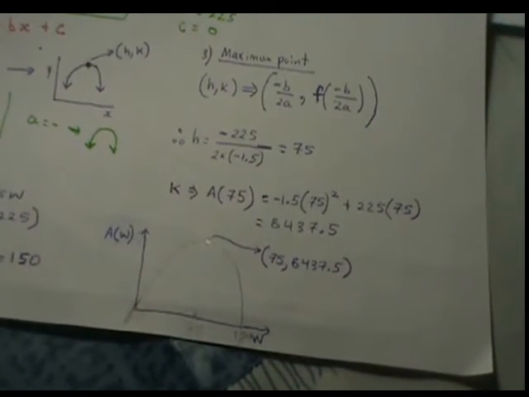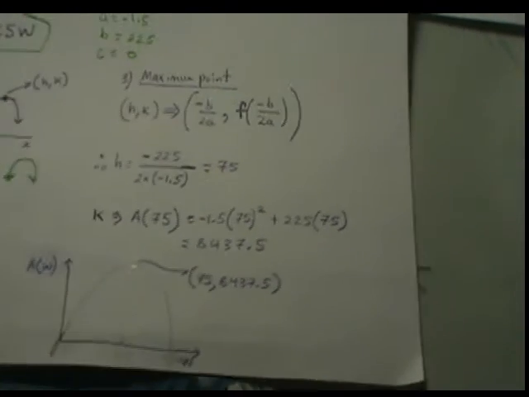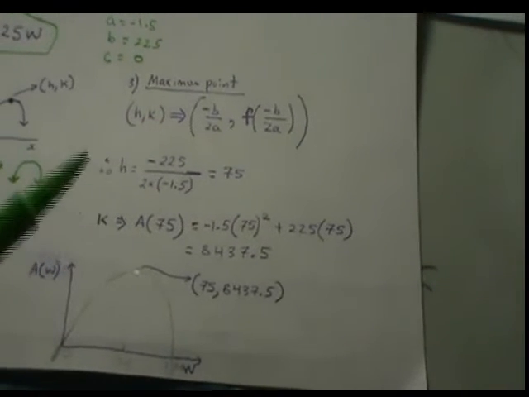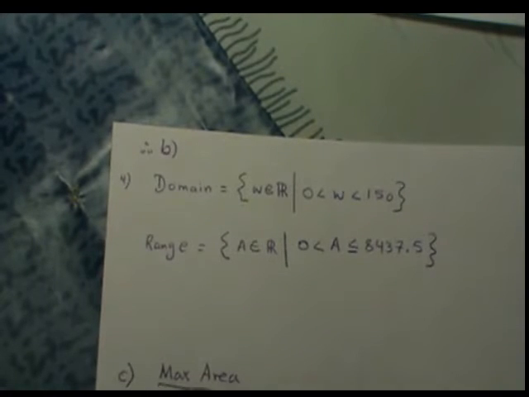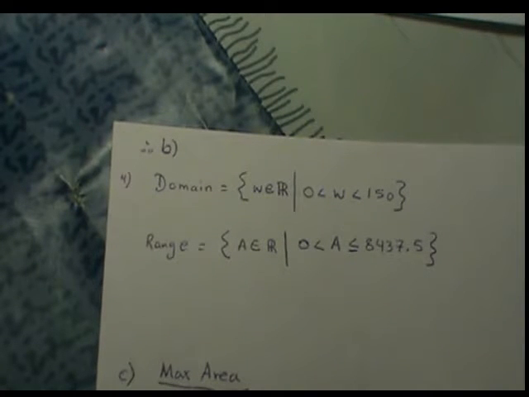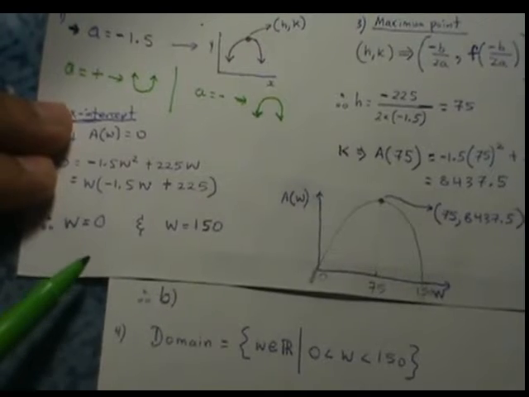Okay, so now from here it'll be easy for us to find the domain and range. So for the domain and range, we've determined from these previous steps that the two x-intercepts are the domain.